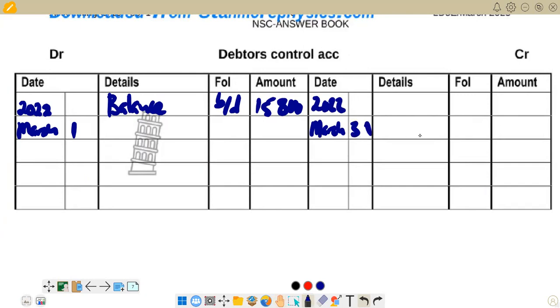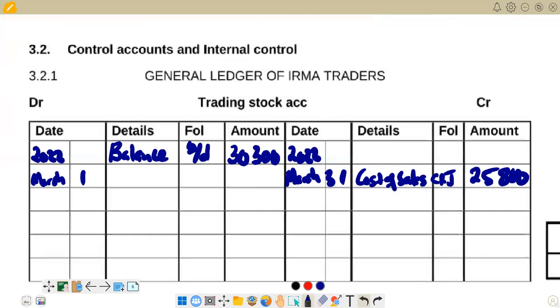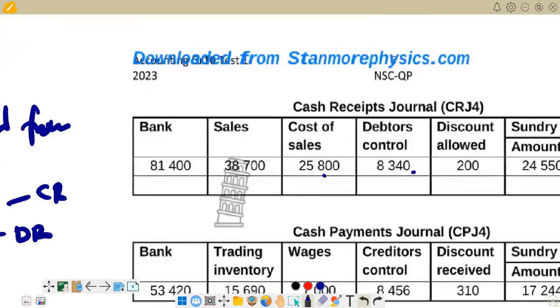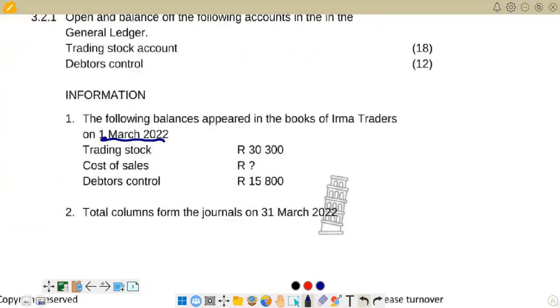March 31, and then all the details, we are putting bank. And then on folio, we are taking this information from the cash receipts journal, and the amount was 8,340. So this is what we have in terms of this entry. Then we go back again to check what we have next.